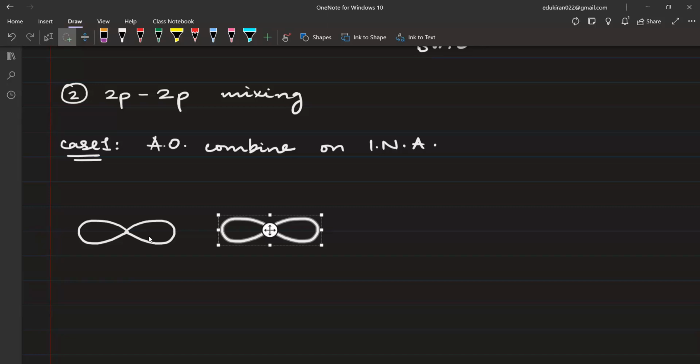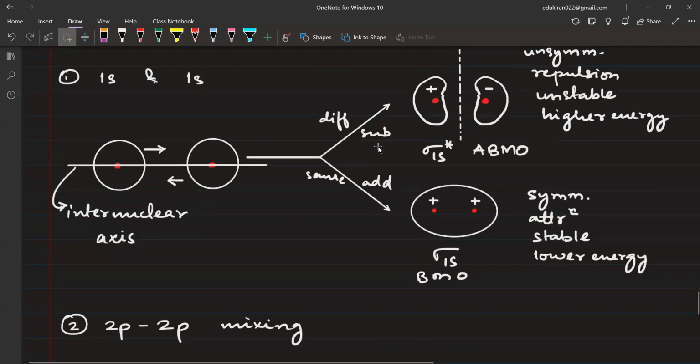Just a second, guys. Okay. So again, we are going to take the two cases. थोड़ा इससे हम उधार ले लेते हैं.